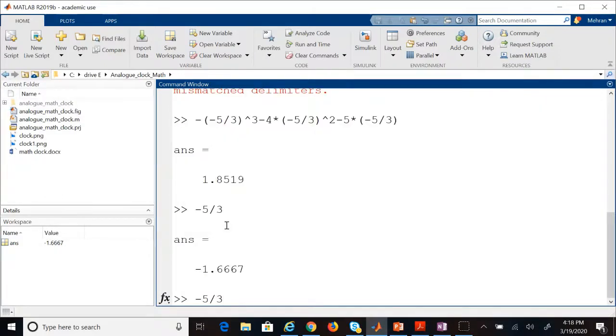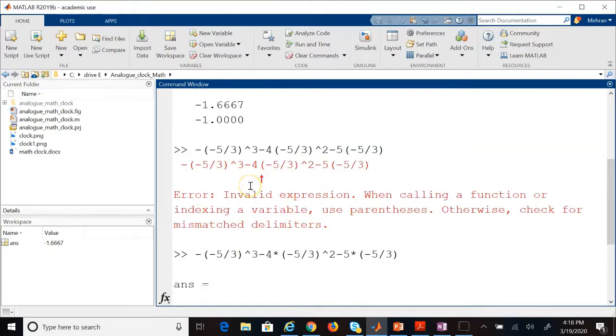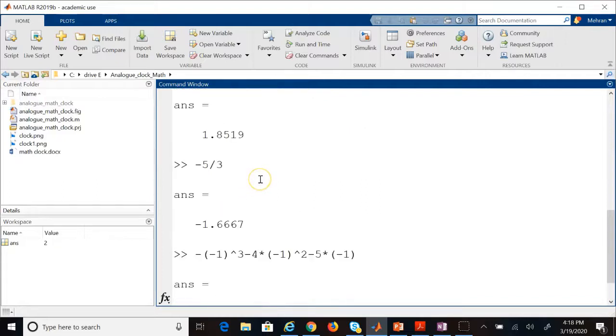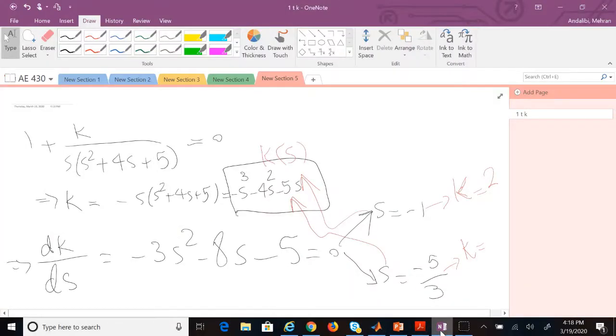The second number was negative 1. So if I plug in negative 1 here, that should be 2. So it seems like both of them are positive. The other one is 1.85. So both of them turn out to be real numbers and positive. So it means both of them should actually be a breakaway or break-in.